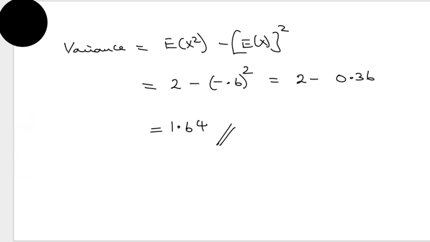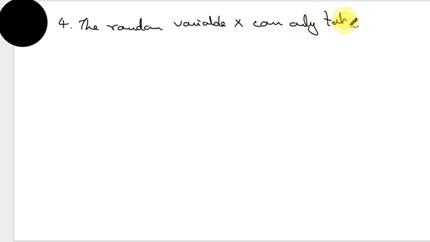Next, we will go on to another simple problem based on distributions. So let us take the random variable x. The random variable x can only take the values 2 and 5.